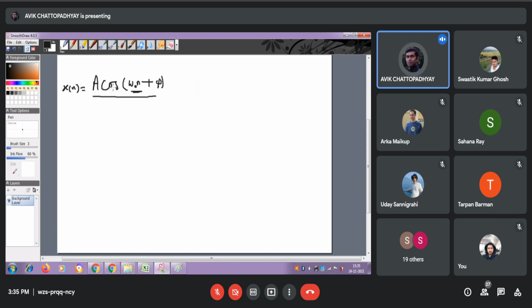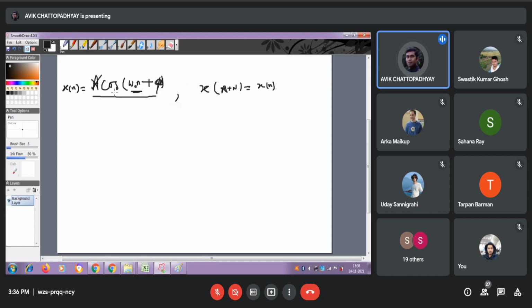Anyway, if this has to be periodic, then obviously you know the condition: there must be some quantity capital N so that x[n plus N] equals x[n]. You know this condition very well. Now forget about A and phi; A doesn't carry any additional significance in this context.